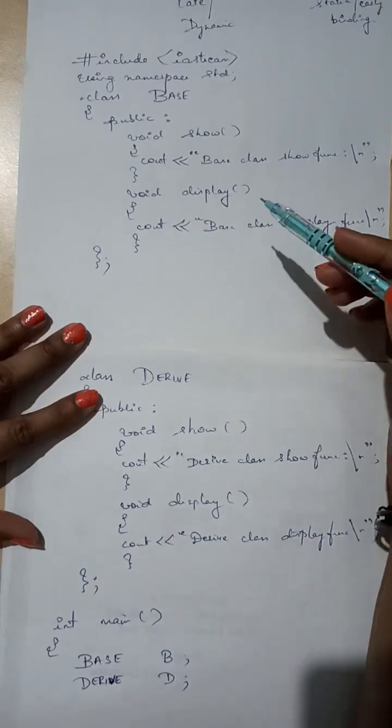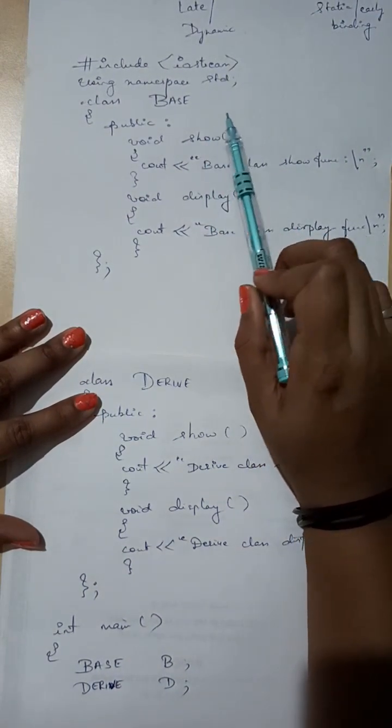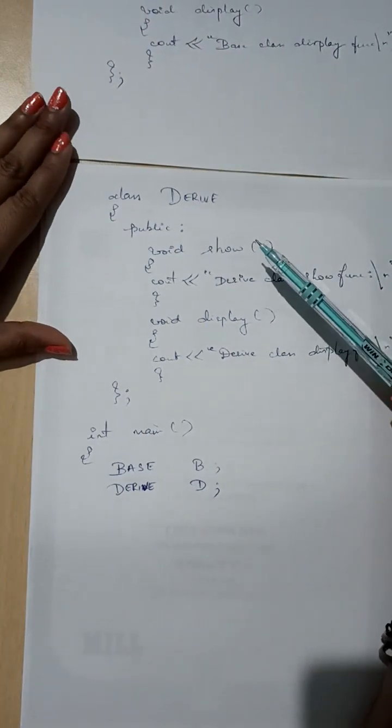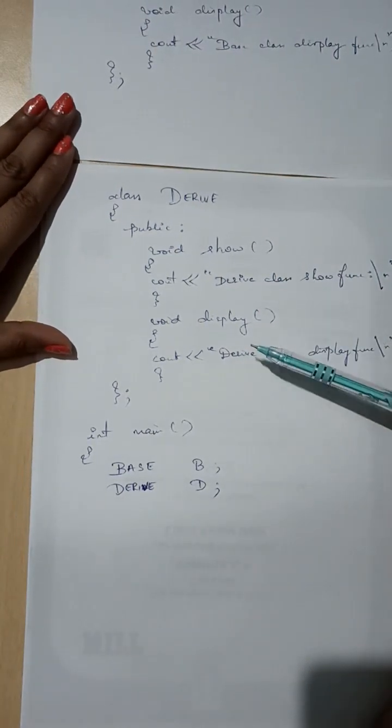Suppose say in the base class there are two member functions, show and display, and the same functions I have redefined in the derived class, show and display.